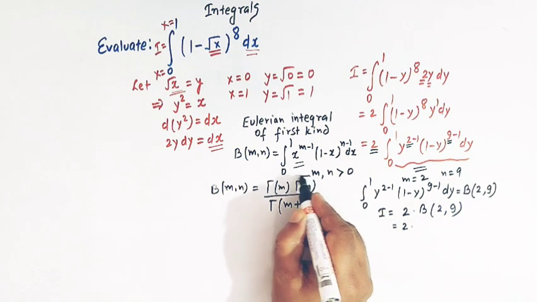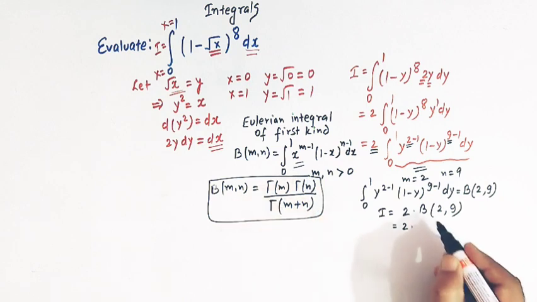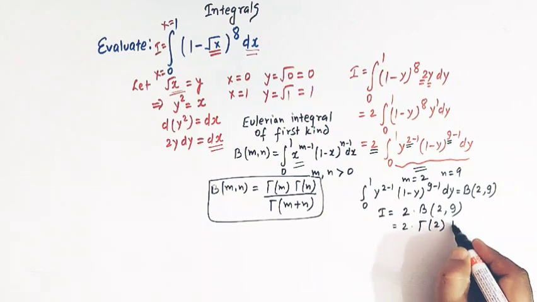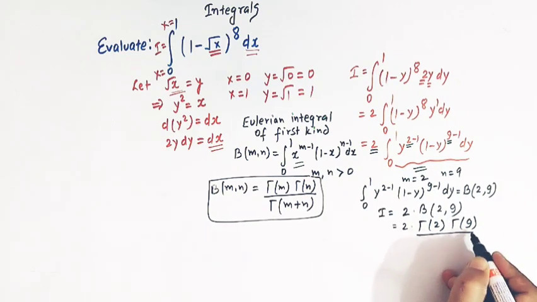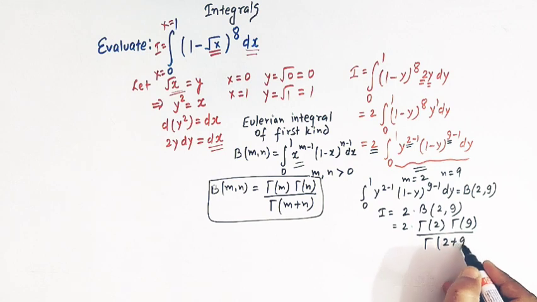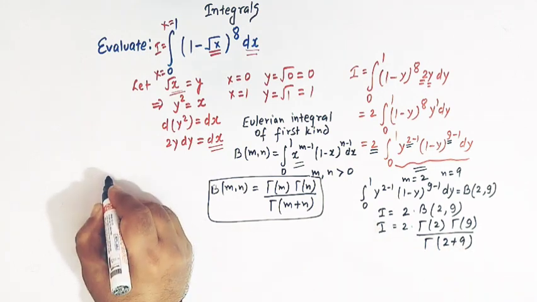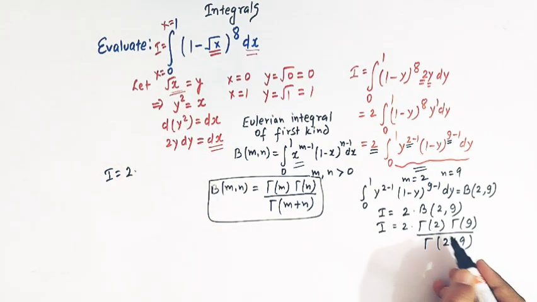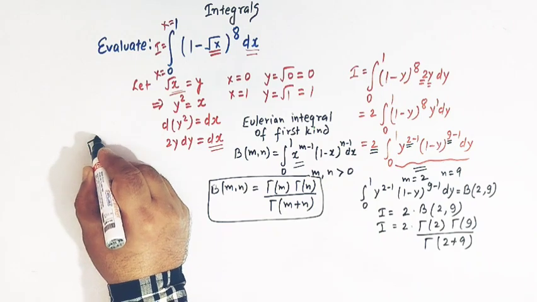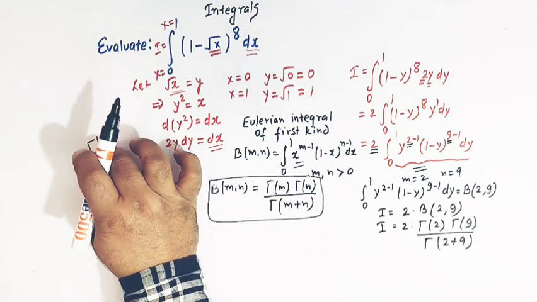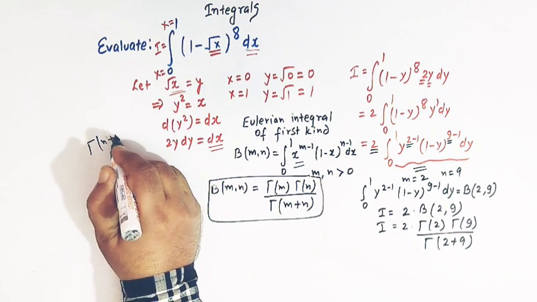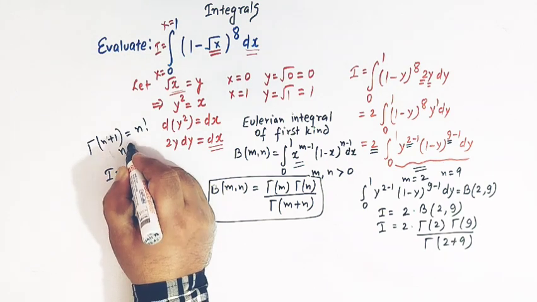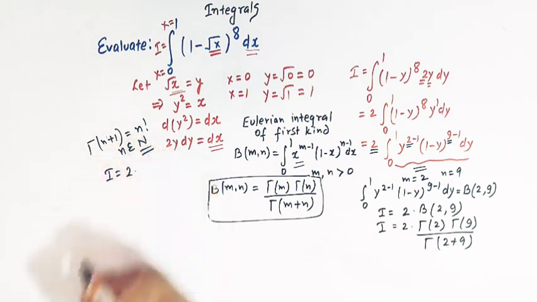So using this relation, we can write beta(2, 9) as gamma of 2, gamma of 9, over gamma of 2 plus 9. Now we can write this integral I as 2 times gamma of 2, and we know that gamma of n plus 1 is defined as n factorial, where n belongs to the set of natural numbers.